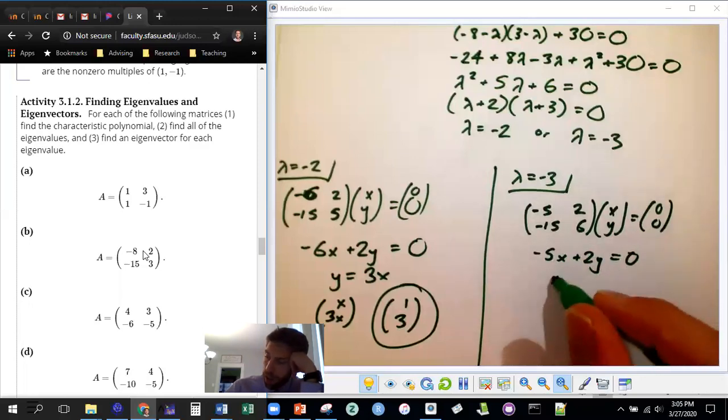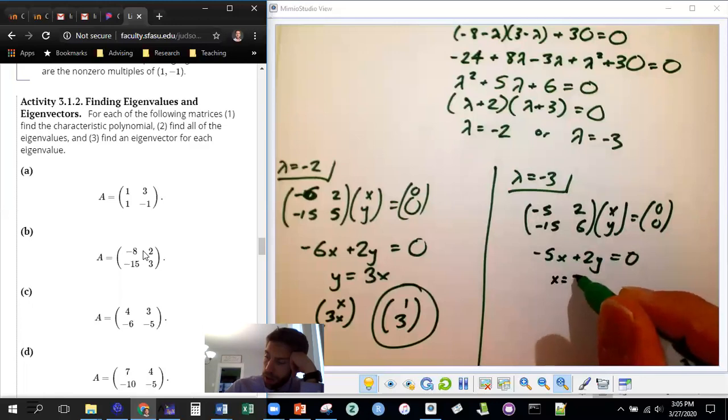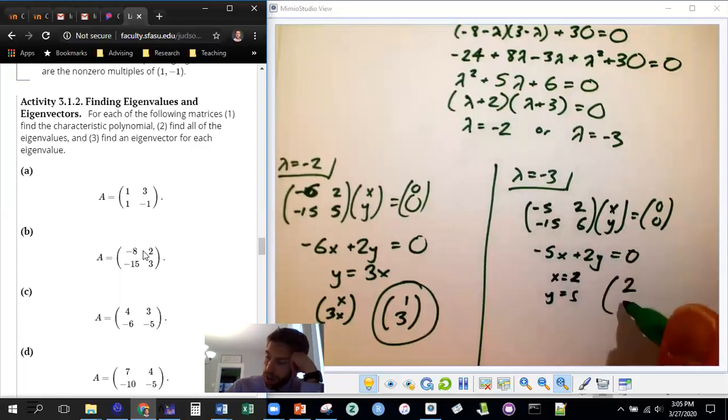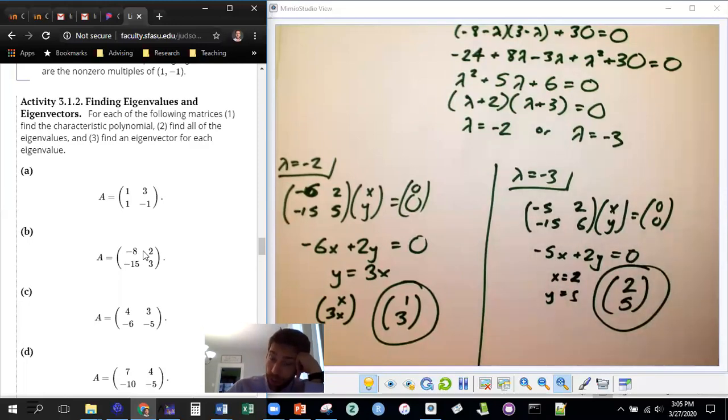So x equals 2, y equals 5 works. So (2, 5). I did that to avoid fractions. If I had just solved for one of them, I'd have fractions. Nobody likes fractions. All right, that completes part B.